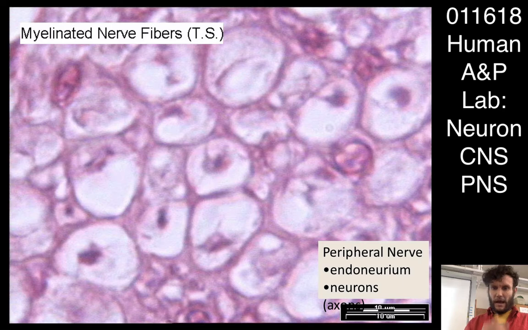Okay. And yeah, just really getting close in, you can see this would be axon, myelin sheath, and then this would be endo. Outside here, all of this stuff would be endo. Maybe capillaries, like that.